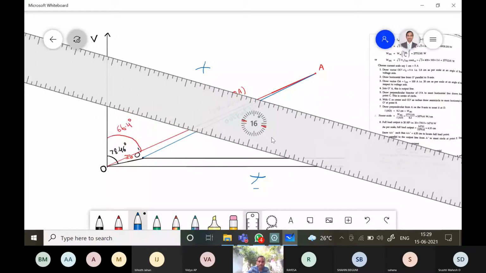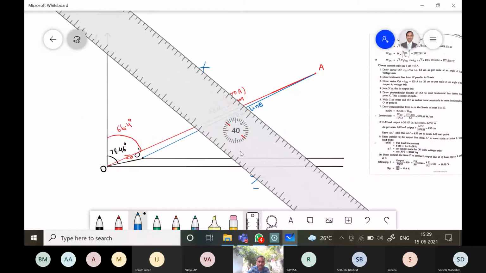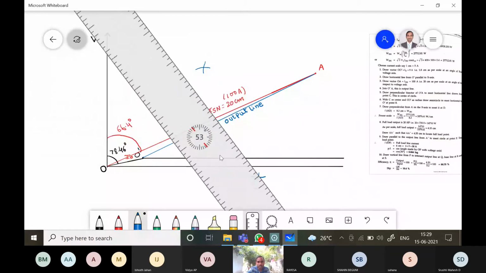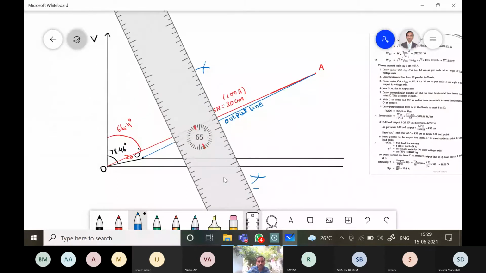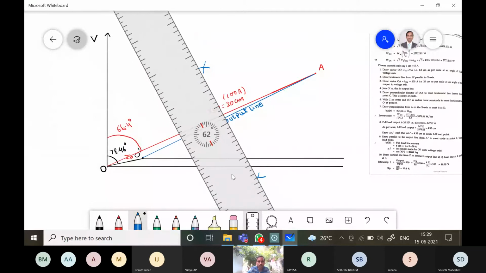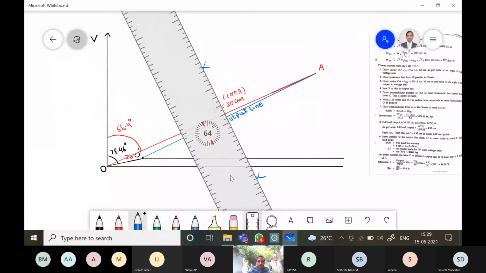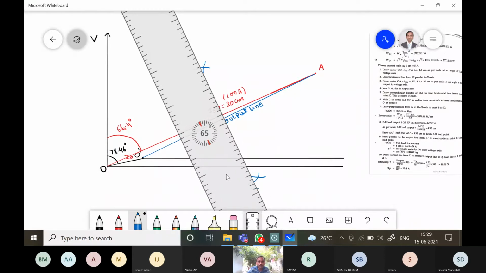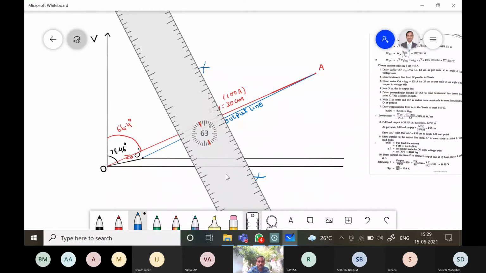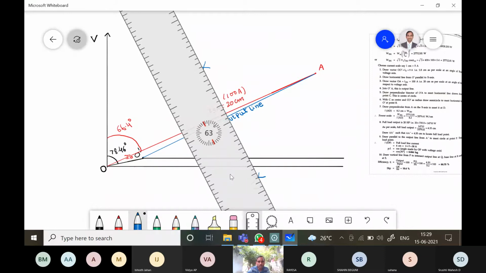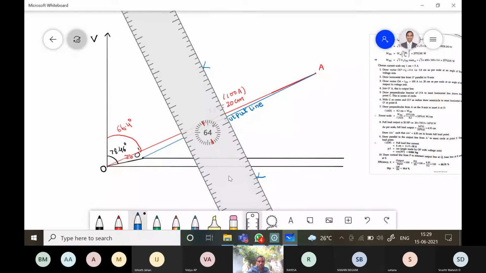Then join the perpendicular bisector line.